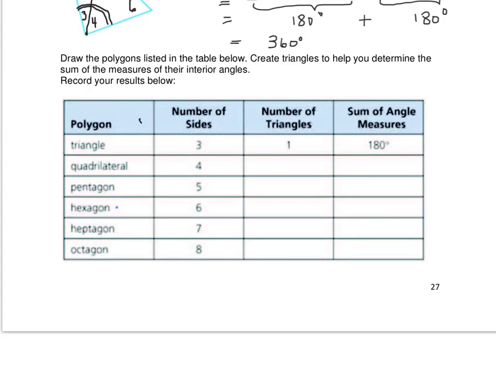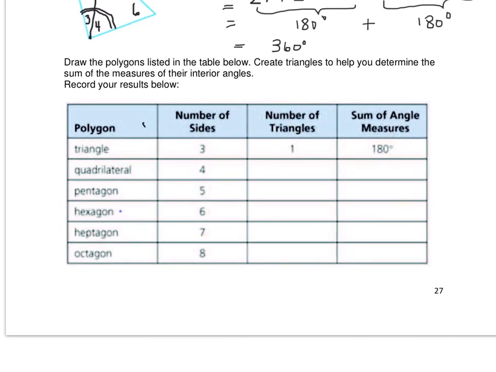And the quadrilateral, we know that we had 2 triangles formed there, and 2 180s added up to 360. If we do a pentagon, I'll just do a quick sketch of a pentagon here. And we take from this vertex to here, and this vertex to here, we've got 3 triangles created, and 3 180s would be 540.